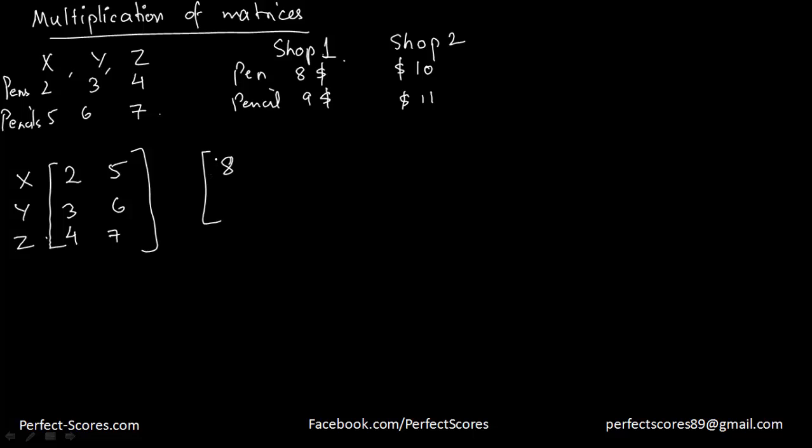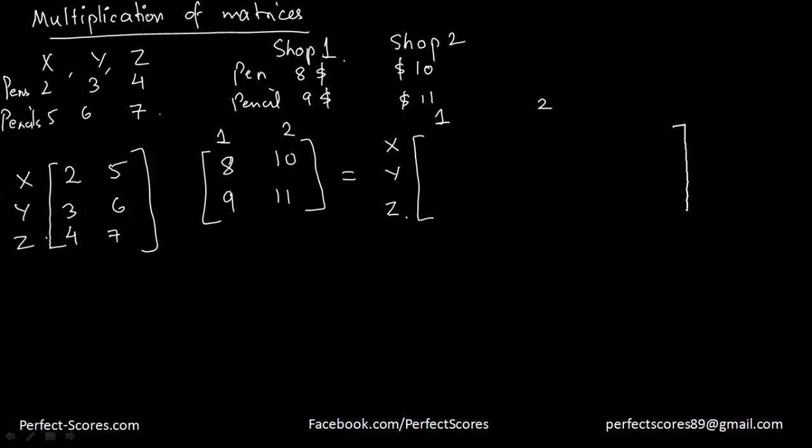For shop 1, the pens cost $8 and the pencils cost $9. And for shop 2, the pens cost $10 and the pencils cost $11. I want to find out what is going to be the total cost for X, Y, and Z for pens and pencils for shop 1 and shop 2, for their respective shops.